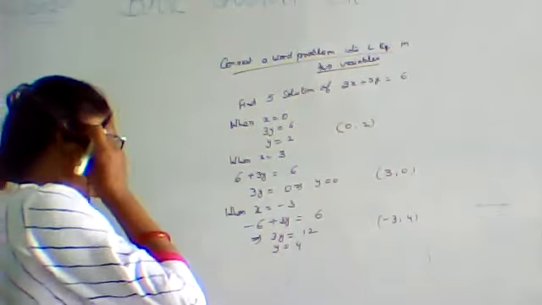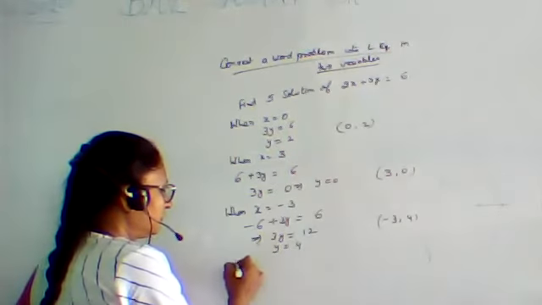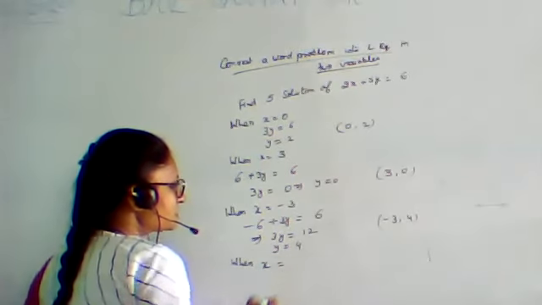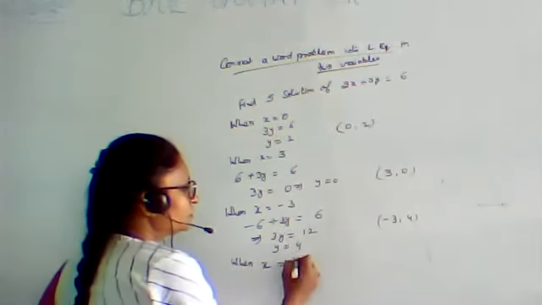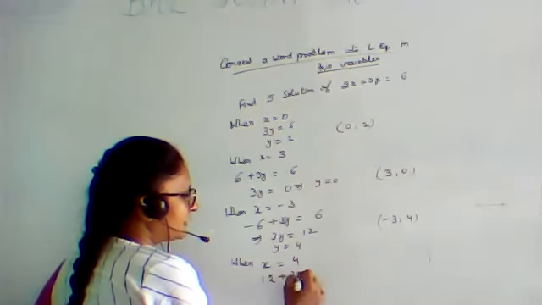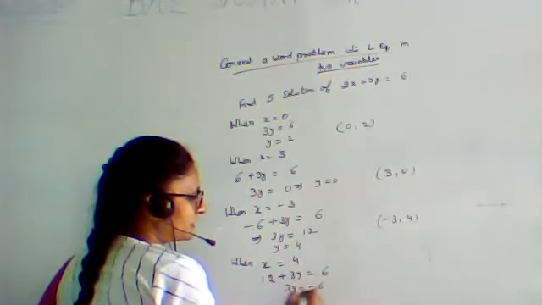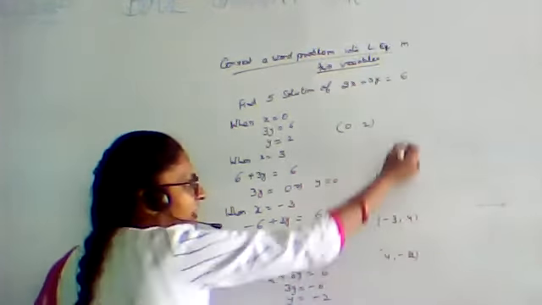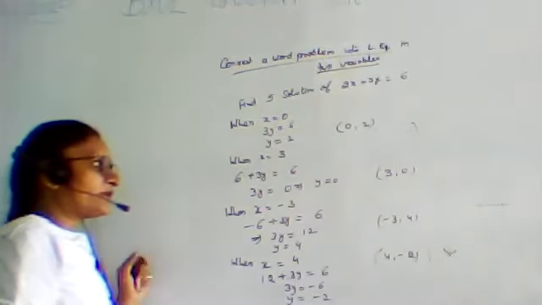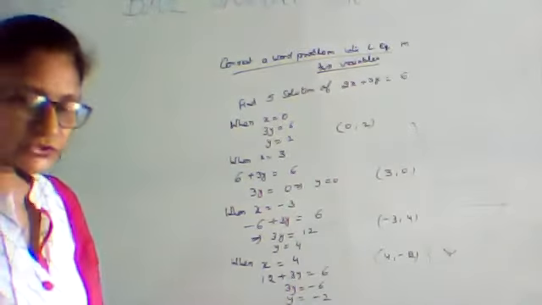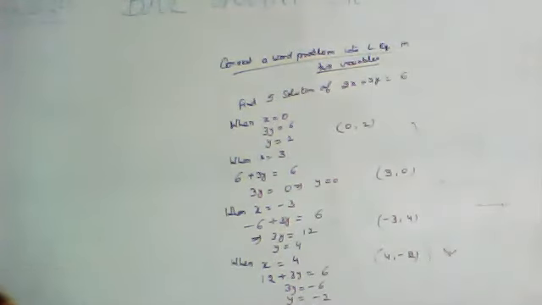And again when x is equal to 4, then 12 plus 3y is equal to 6, 3y is equal to -6, y is equal to -2, 4 comma -2. This way I have calculated 4 points. You can find 5 points, 7 points or many more, as many as asked in the question. This is the way how we calculate the solution of the linear equation in two variables.